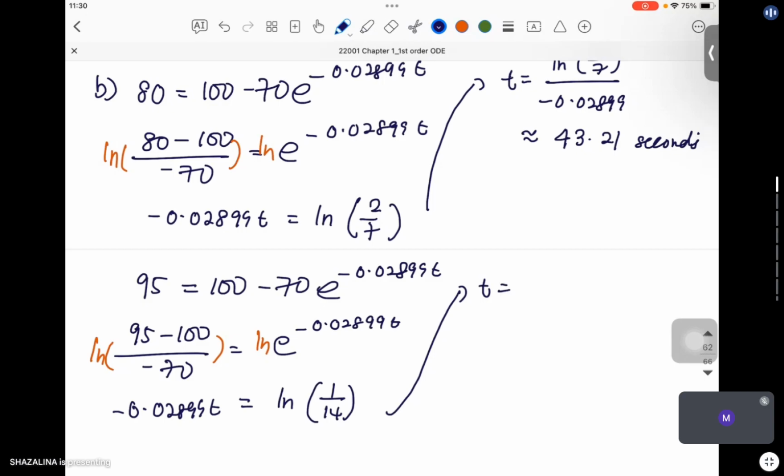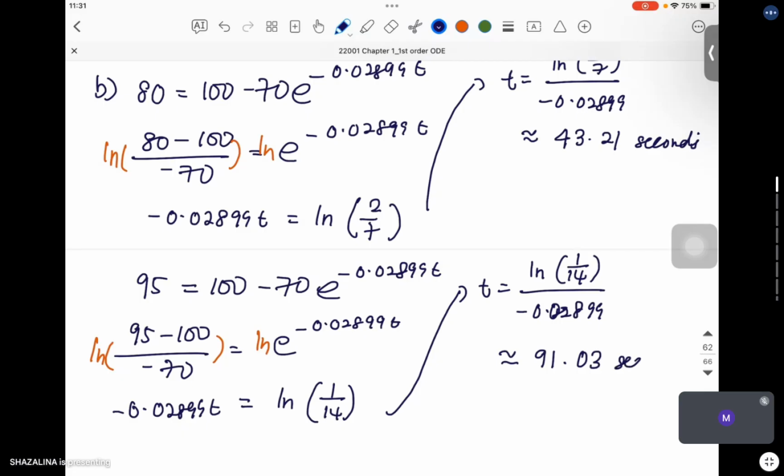So the small t is ln 1/14 divided by negative 0.02899. Ini dapat apa? 91.03 second.